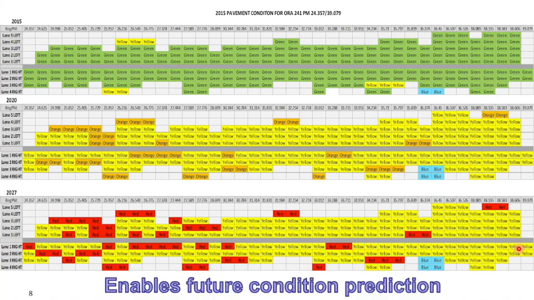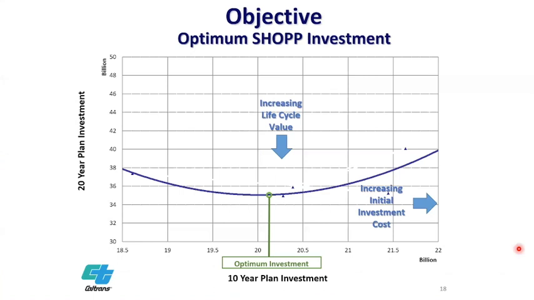All right, but with this, PaveM enables future condition. Basically, it provides you with a crystal ball, so you can see when, where, and how you are going to fix your pavement. So for the 10-year plan process, we also use PaveM to develop a total investment control.